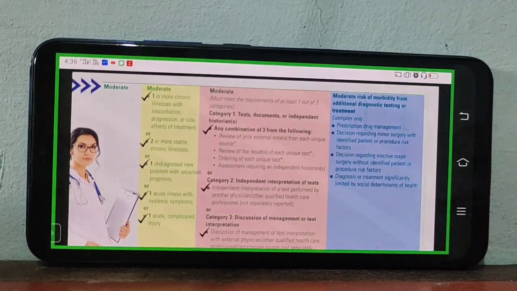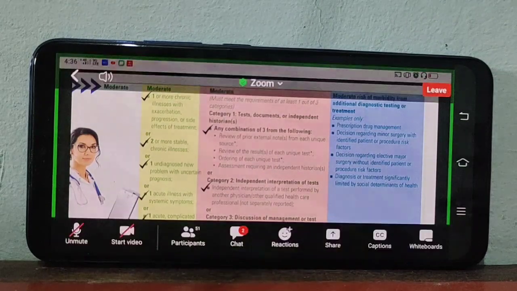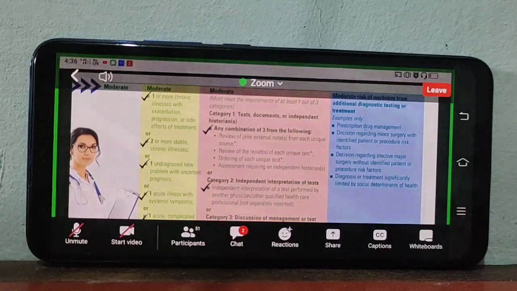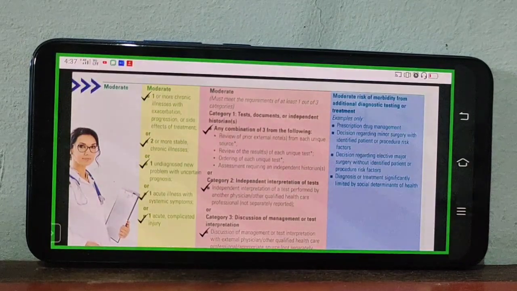Why? Because once he gets the treatment, the patient wants to go to the factory again, and due to that factory only the condition has not progressed. Due to environment, or because the patient does not have sufficient money to buy the medicine, the condition has not progressed. So for such a condition that has not progressed, that will get 1 point.